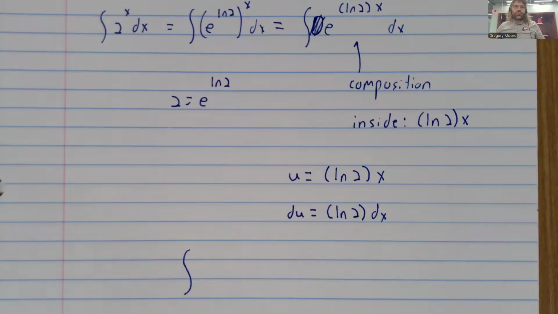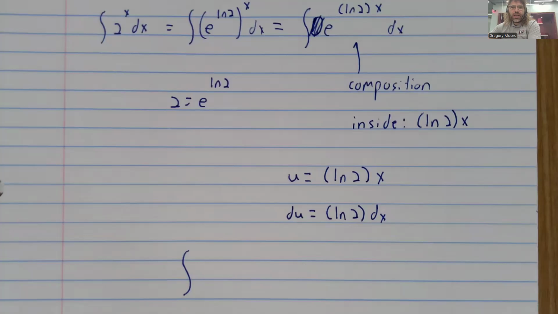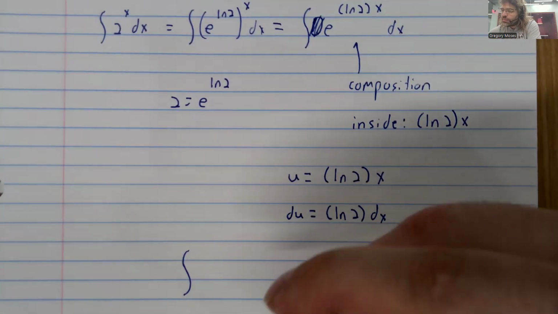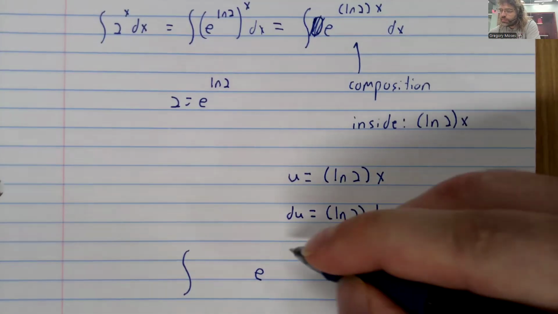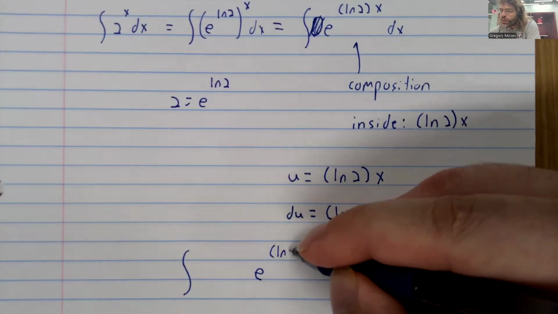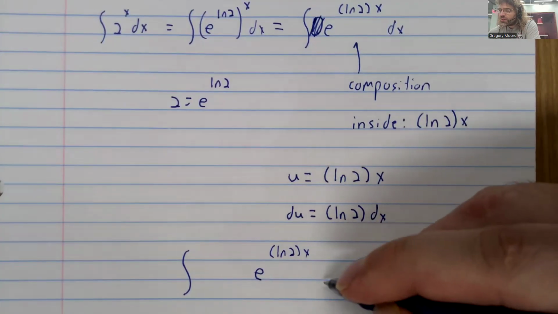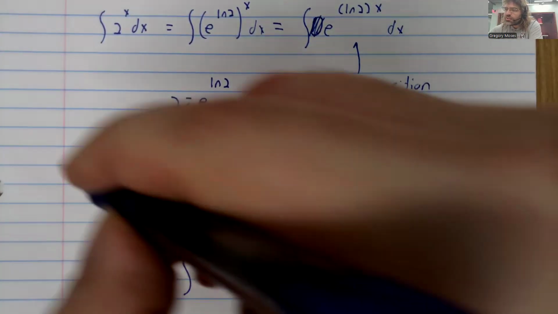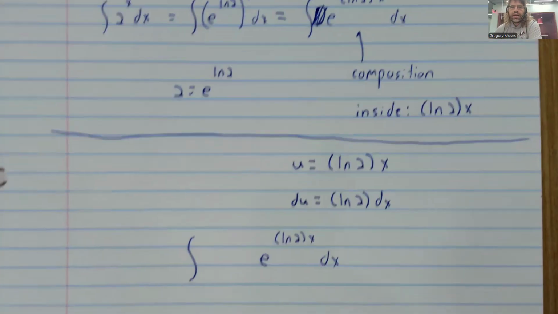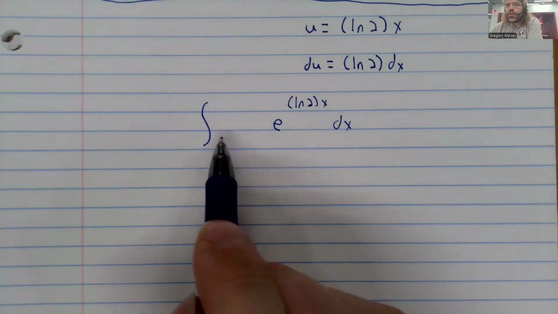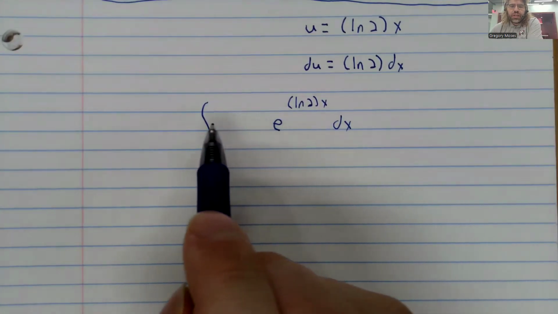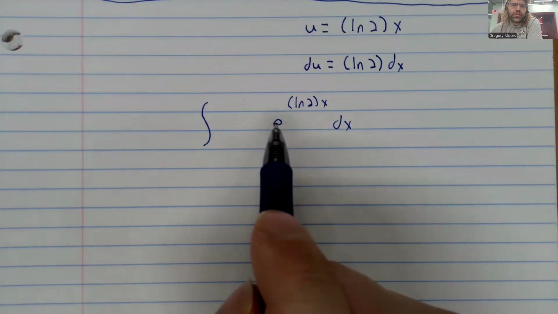You are supposed to be reading the textbook. It won't do you any harm to see a slightly different version of the same thing. We've got this function we want to integrate, e to the ln 2 x dx, and we've had the idea of using u substitution, but the problem is that we don't have the derivative in front of the function.